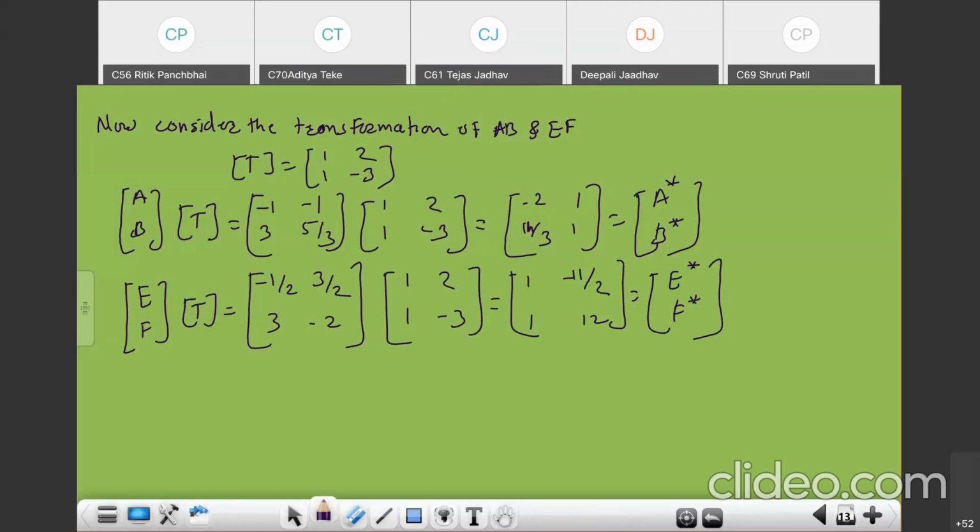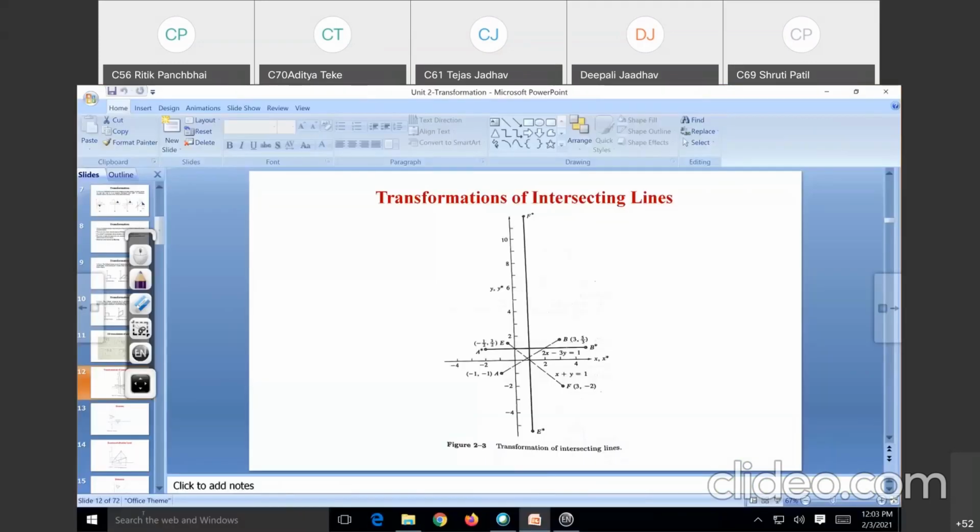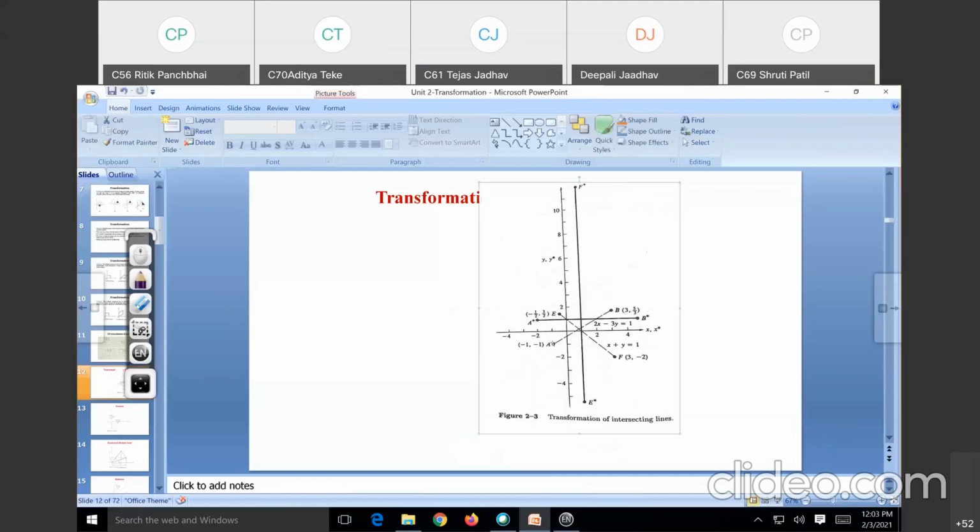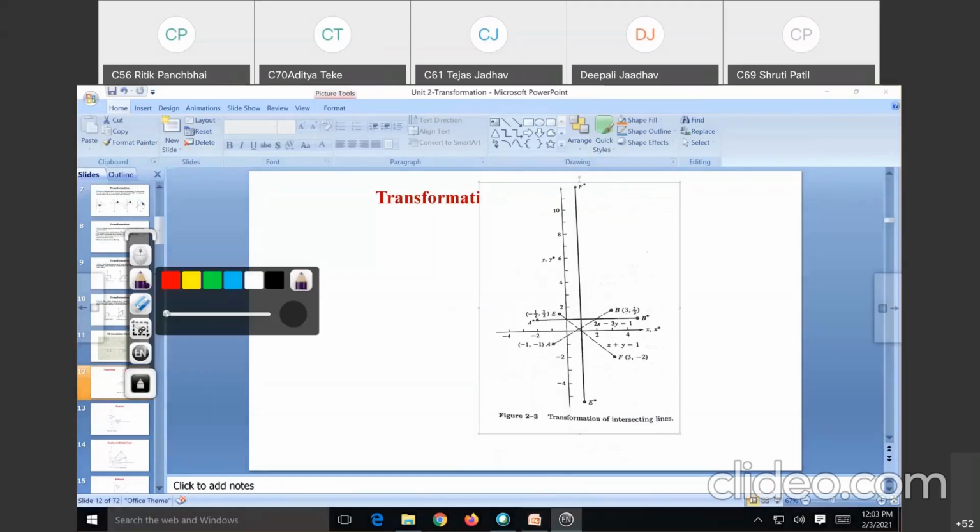Now see here. You can observe this is the original line, sorry, the original lines A and B, intersecting here. If we transform this intersection point, it goes here.